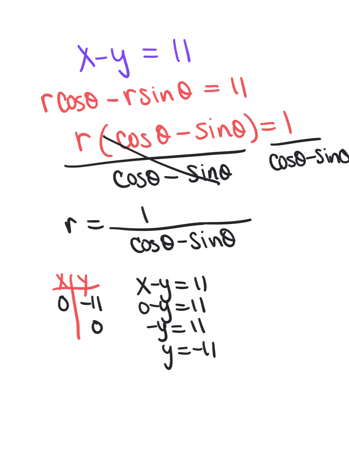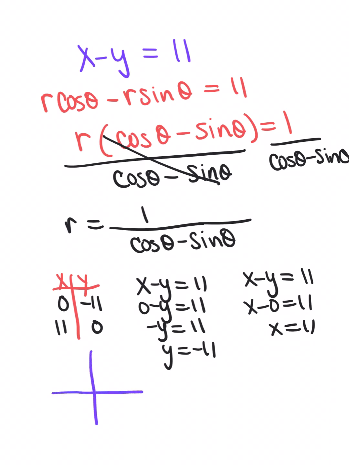And when y equals 0, we know x equals 11. So when I graph this, I have my points 0, negative 11, and 11, 0. And that's just a straight line.